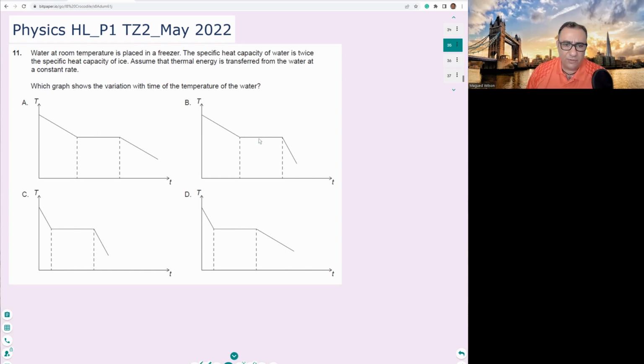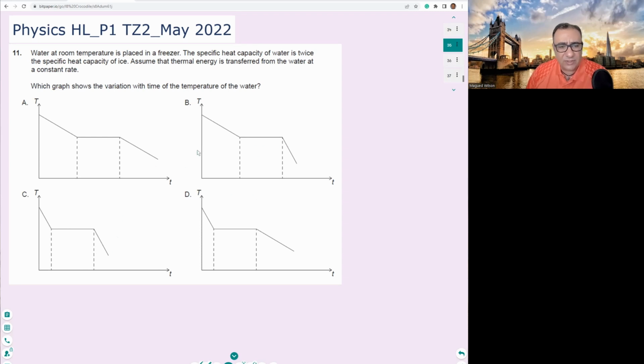So all of the graphs here show constant temperature for a certain period, until the last molecule of liquid water is converted into solid water, which is ice, right?